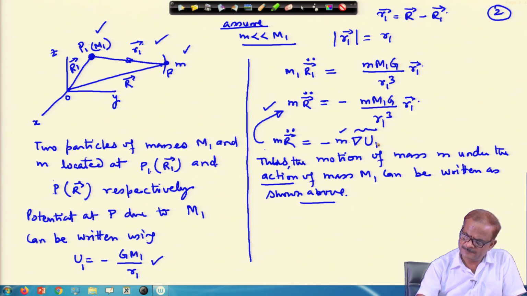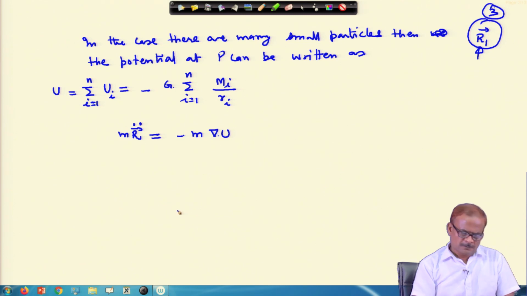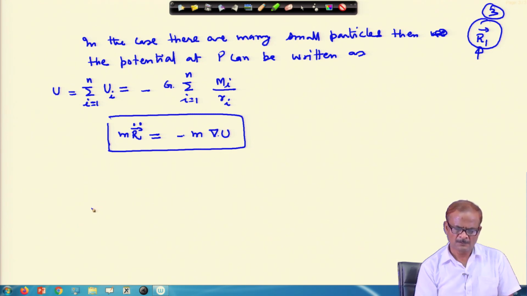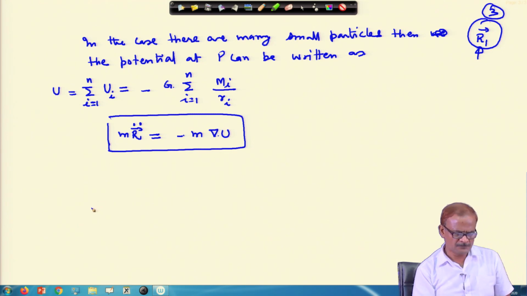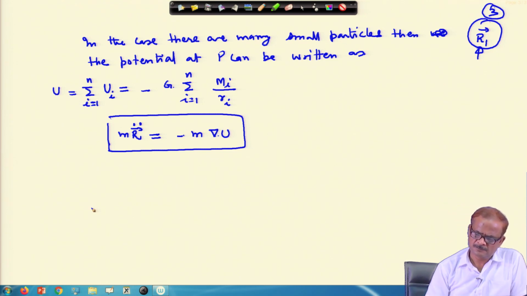Here this quantity we have written as u1, where u1 is defined like this. So, the format of the equation does not change, it remains the same. So, this constitutes our basic principle, how the potential at a point P can be worked out.